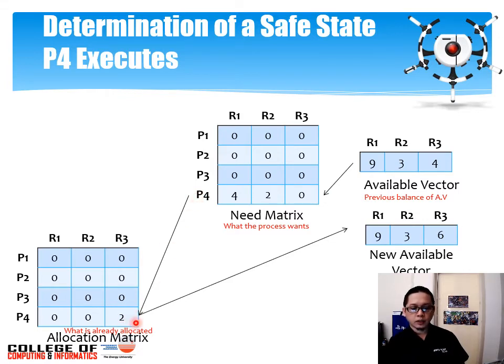Now you have to return the allocated resources to the available vector. So from 9, 3 and 4, the last value will be 9, 3, 6. So you cross out this one, and this much resources will need to be returned back to the available vector.